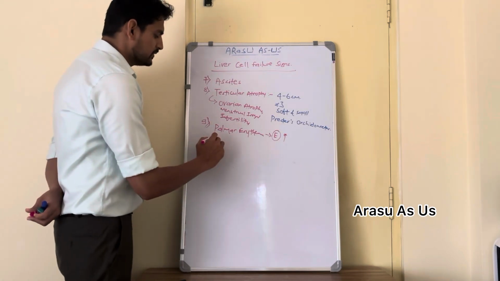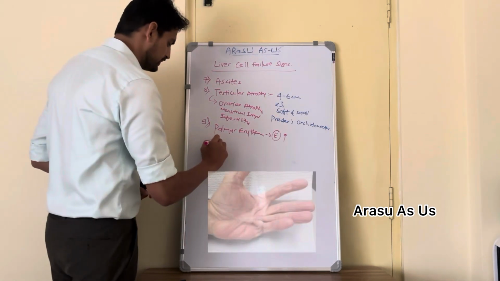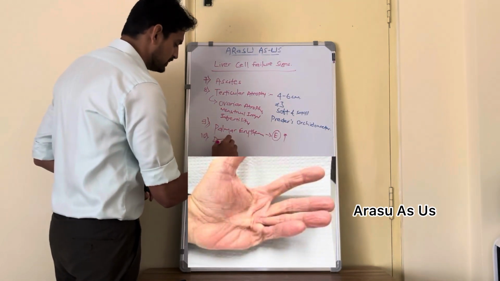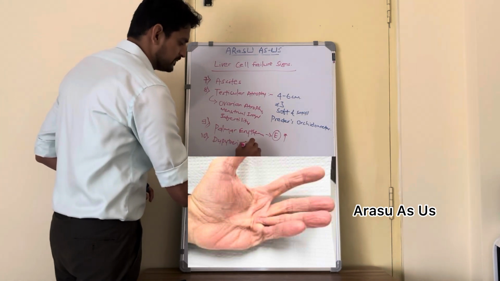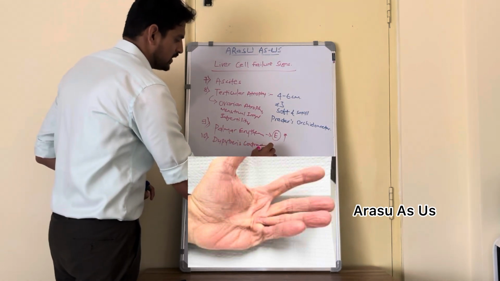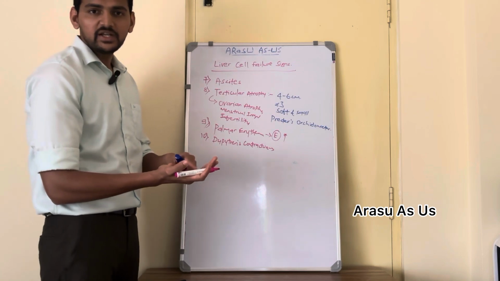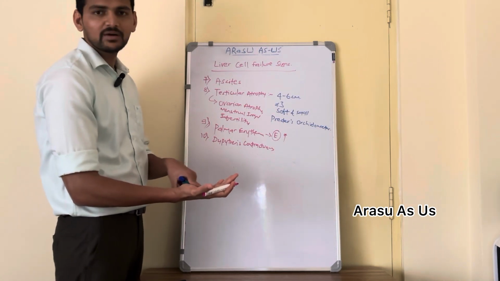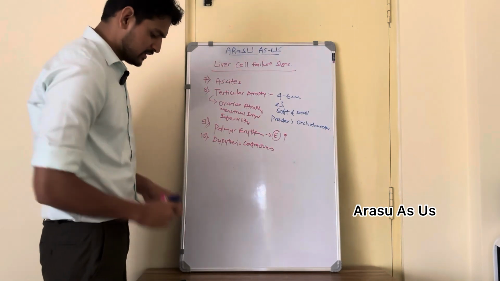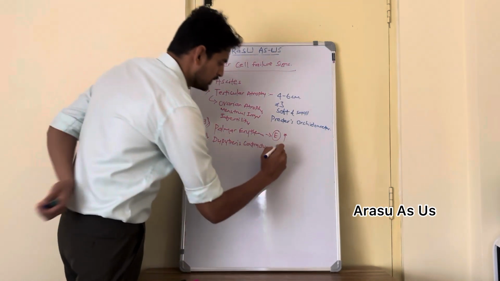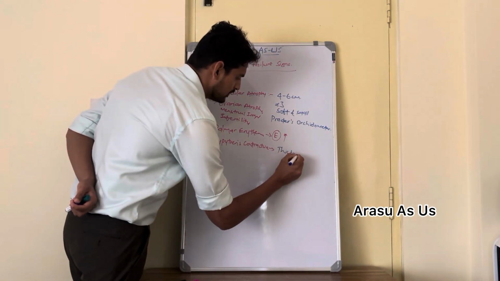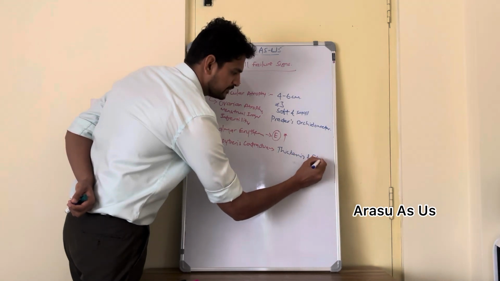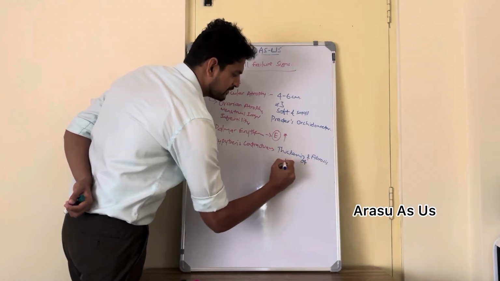Then there will be Dupuytren's contracture. Here, flexion deformity of the fingers will occur because of the thickening and fibrosis of the palmar fascia. So the mechanism is thickening and fibrosis of palmar fascia.